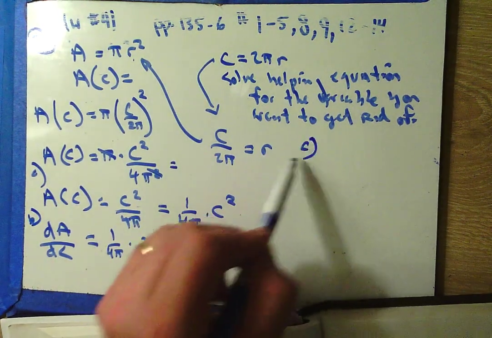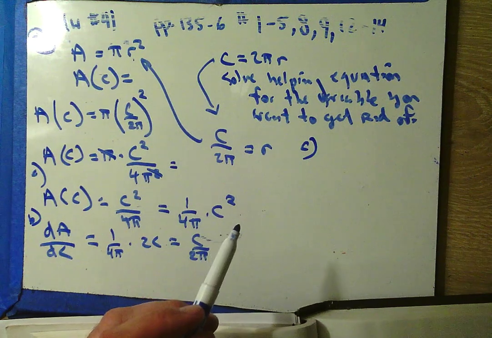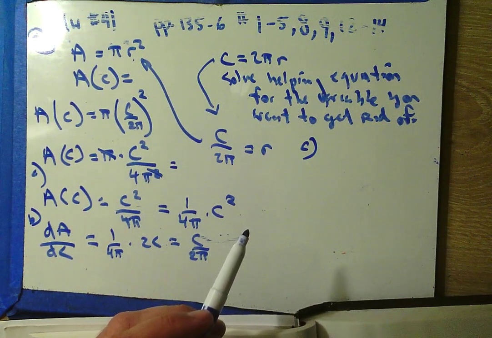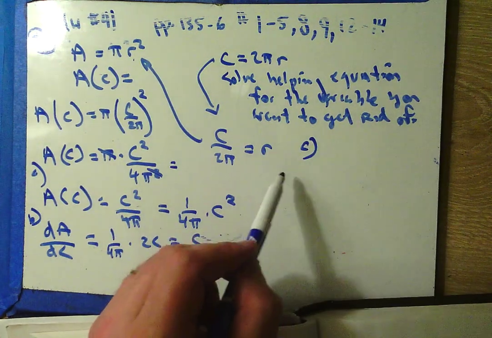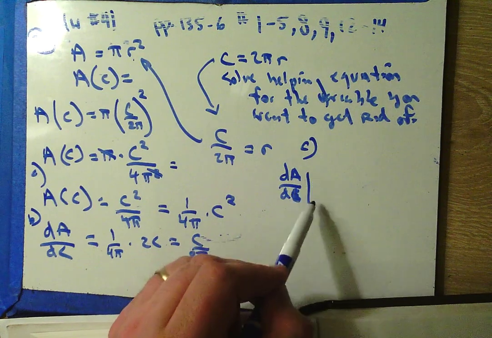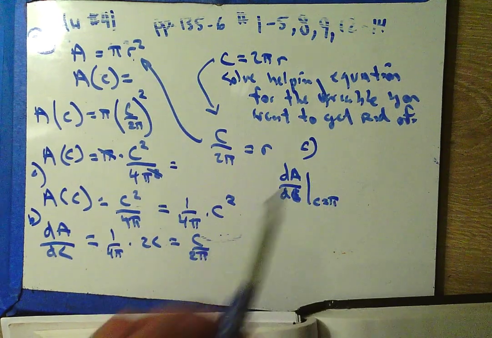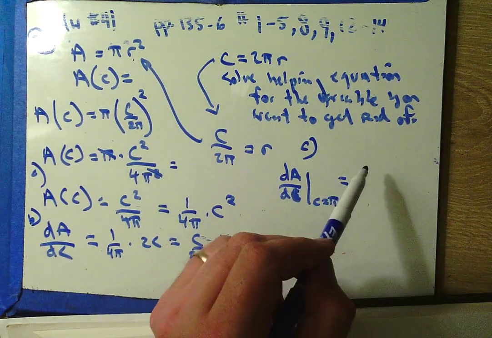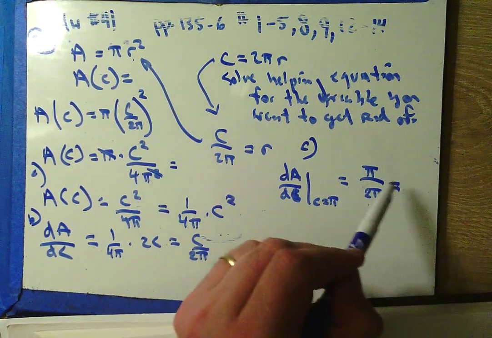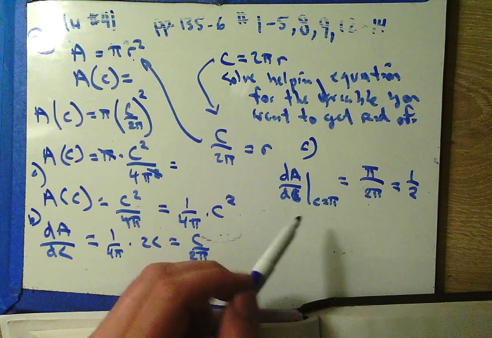Part C says, why don't you evaluate the rate of change in A at c equals pi and c equals 6 pi. So dA dc at c equals pi will be pi over 2 pi, which is 1/2.